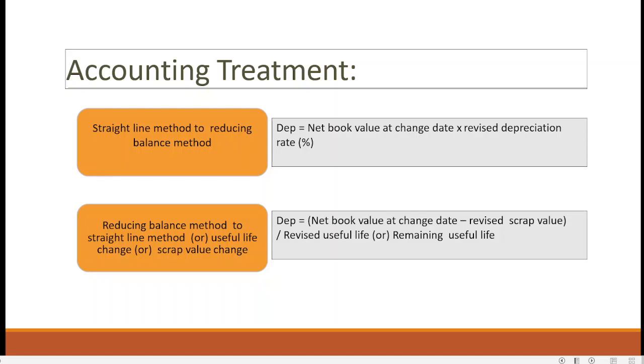There are other methods also to charge the depreciation, for example, the production link method.